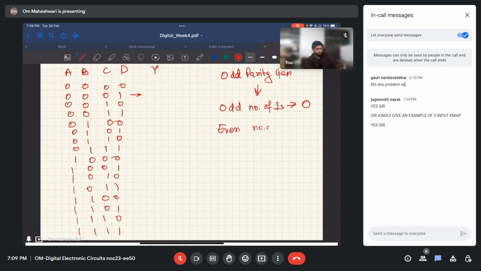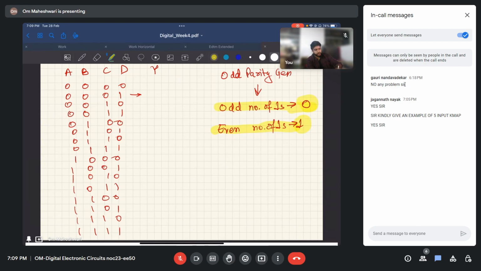An even number of ones, it will give 1 as output. Okay, this is the thing that you have to remember. Odd number of ones, it will give 0, and even number of ones, it will give 1.